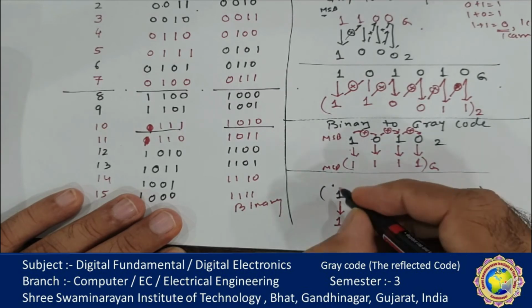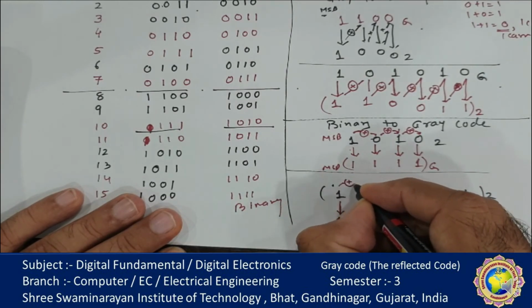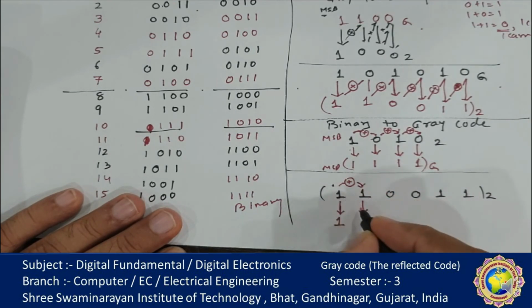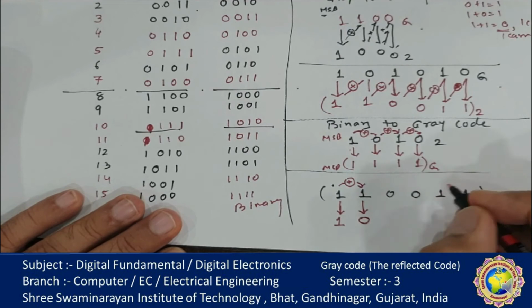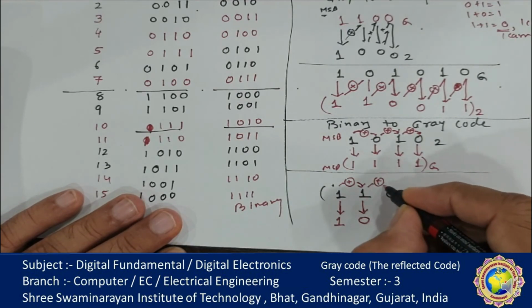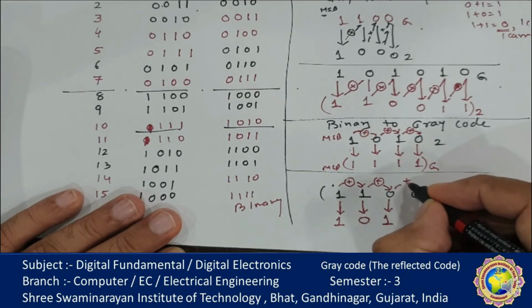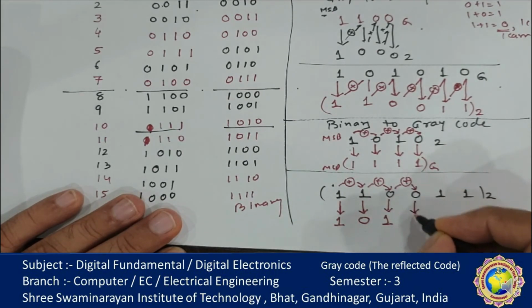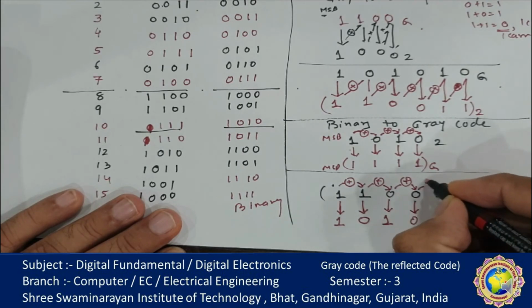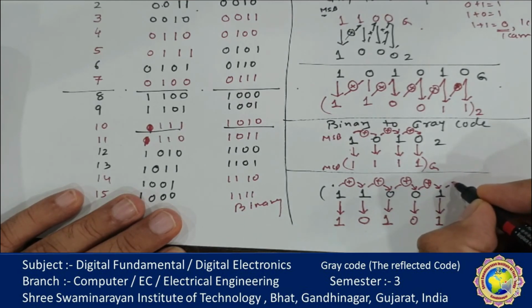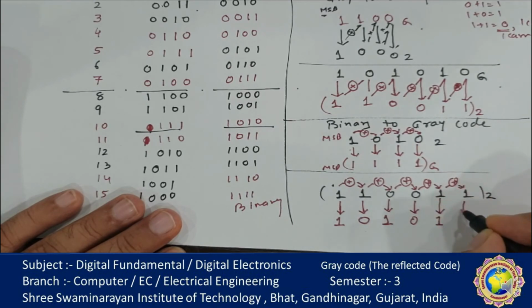MSB never changes. 1 plus 1 equal to 0. 1 plus 0 is equal to 1. 0 plus 0 is equal to 0. 0 plus 1 equal to 1. 1 plus 0 is equal to 0. It is in gray code.